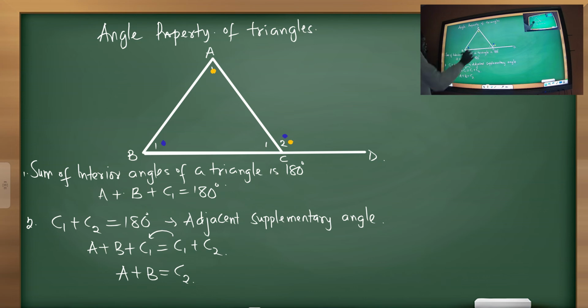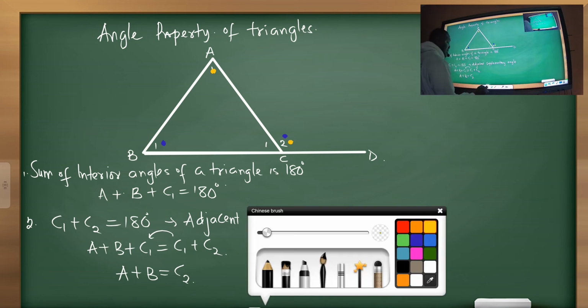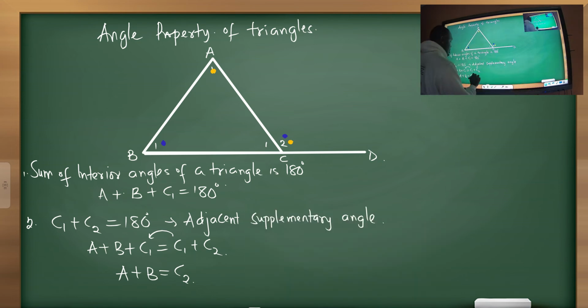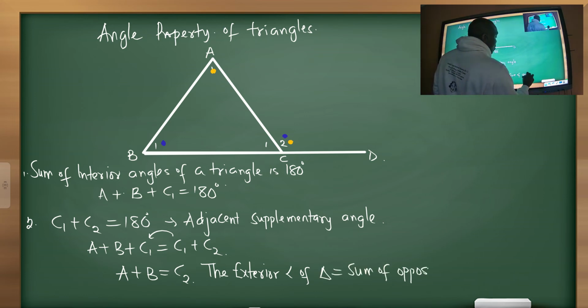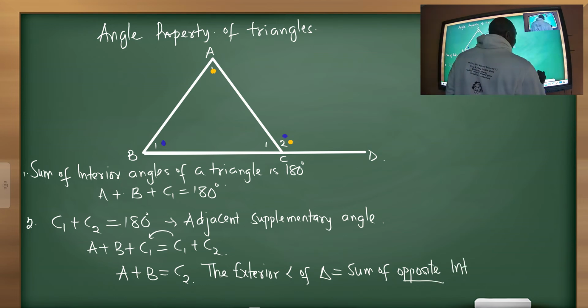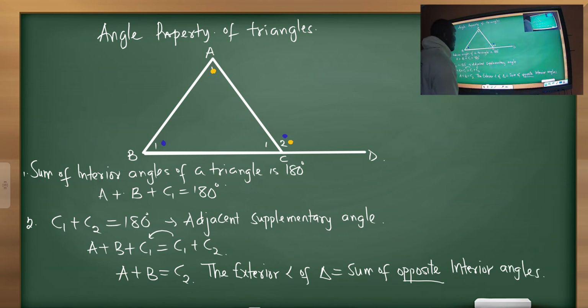So the sum of A and B. And in mathematics now, we say that the exterior angle, because it's outside, the exterior angle of a triangle is equal to the sum of, this is very important, opposite interior angles. There are two of them there. Sum of opposite interior angles. Very key point that we have mentioned here.